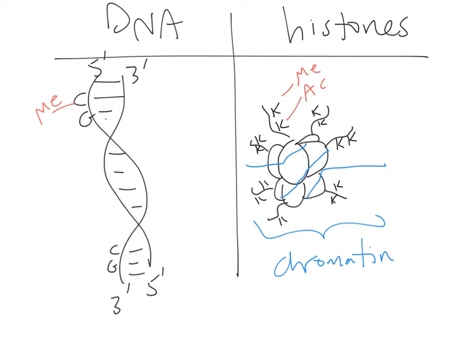So acetylation leads to, I've put myself on the spot, I don't remember. Acetylation, if I remember correctly, leads to euchromatin, an open chromatin structure, where the histones are far apart. DNA is still wrapped around them, but it's loosely associated with the histones.